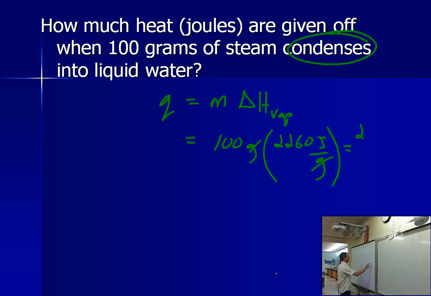So that's 2260, and then I'm going to tack on 2 zeros, so that's 226,000. Notice my units is joules. That's what I want because it says energy or heat. And again, it's given off, so really that's a negative 226,000 joules if I want to be technically exothermic.